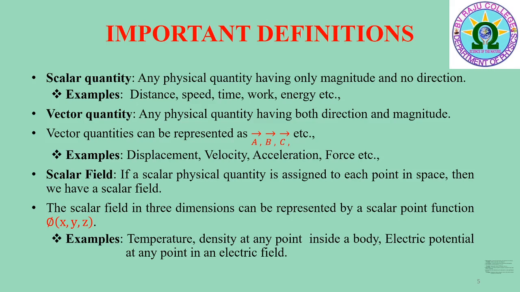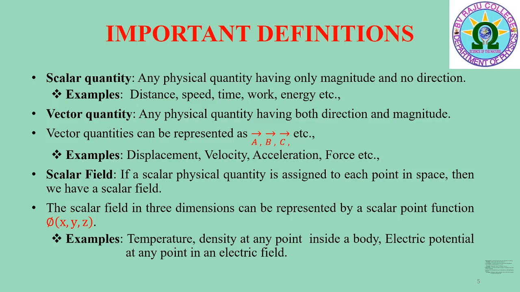If a scalar physical quantity is assigned to each point in space, then we have a scalar field. The scalar field in 3 dimensions can be represented by a scalar point function phi of xyz.